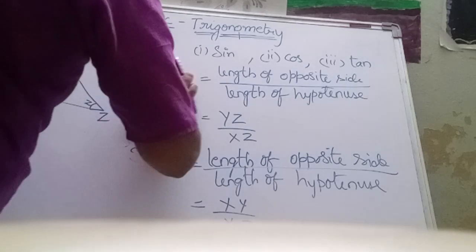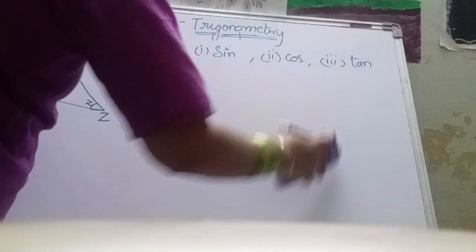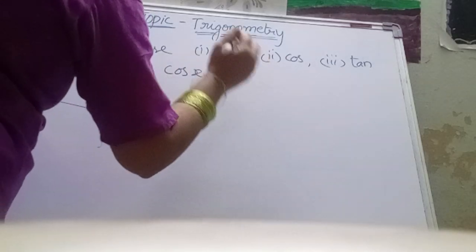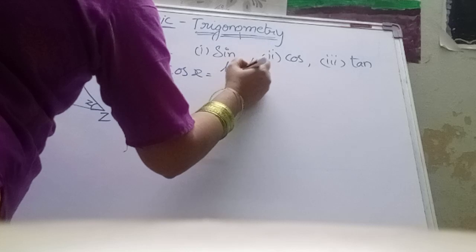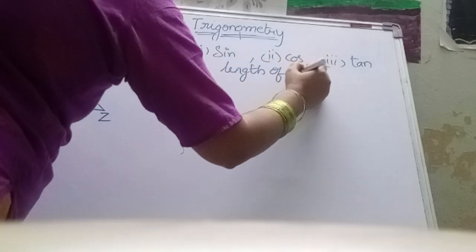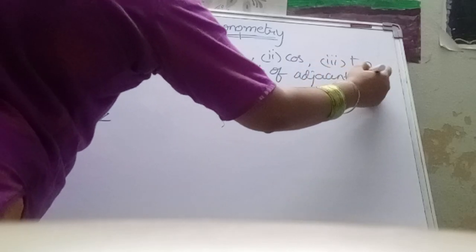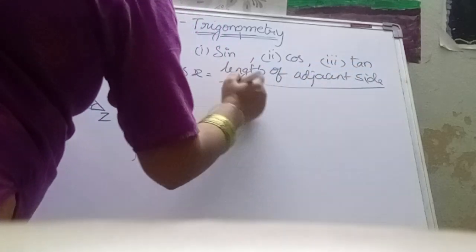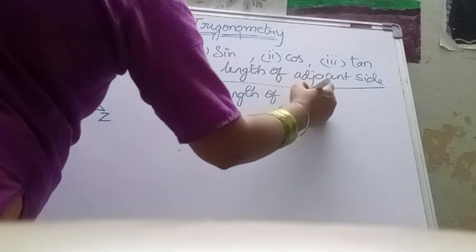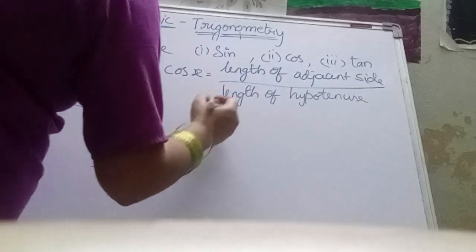Next coming to cos, cos x and cos z. Cos x is equal to the length of the adjacent side by the length of the hypotenuse.